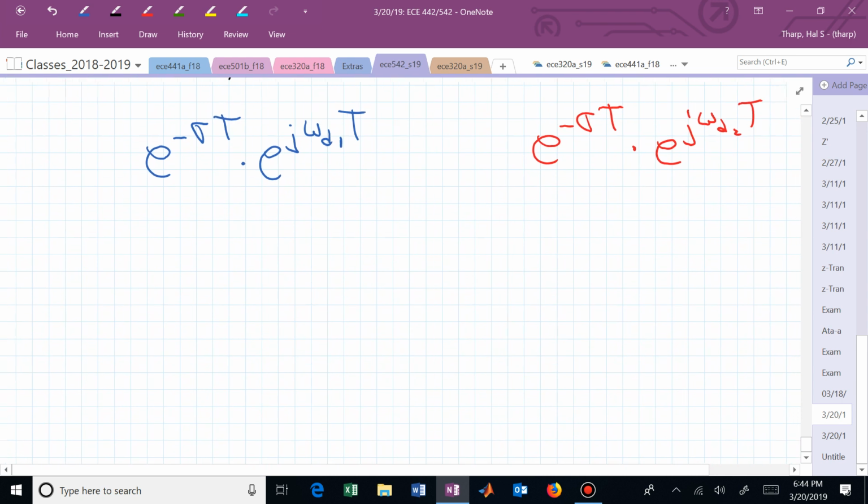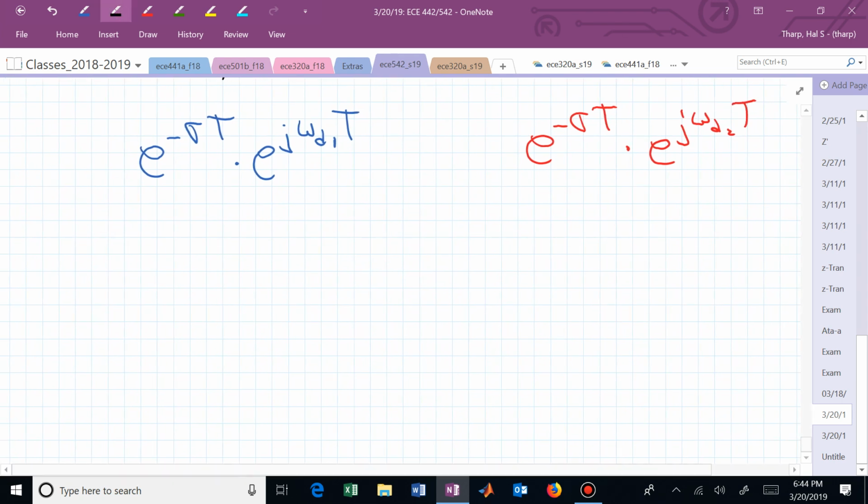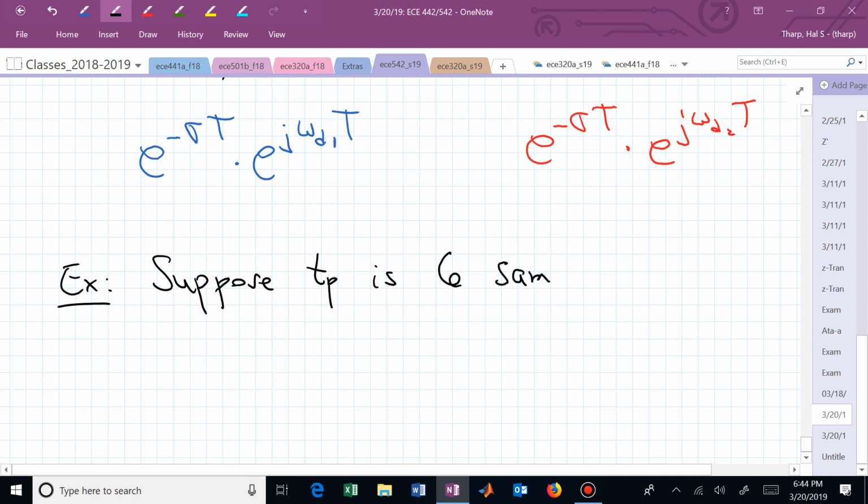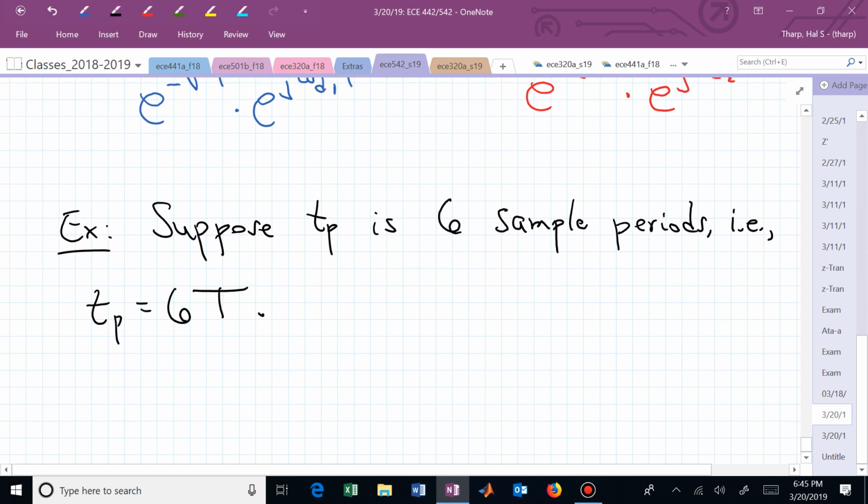Suppose, as an example, we say a time to peak is 6 sample periods, i.e., time to peak is maybe 6 capital T. Find the wedge.